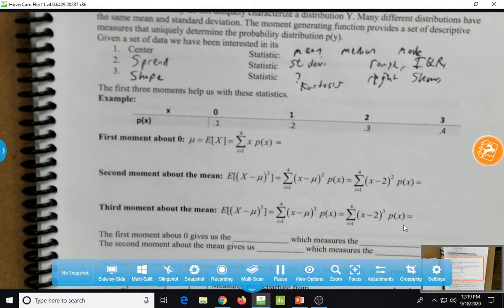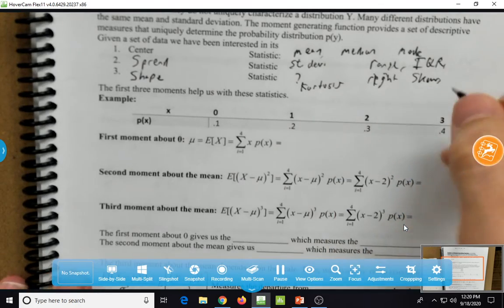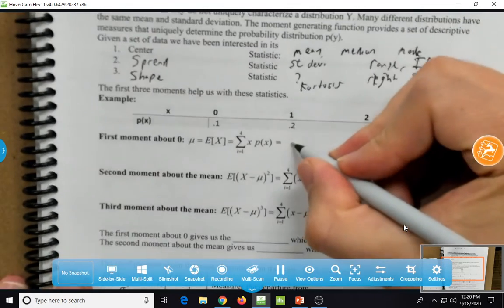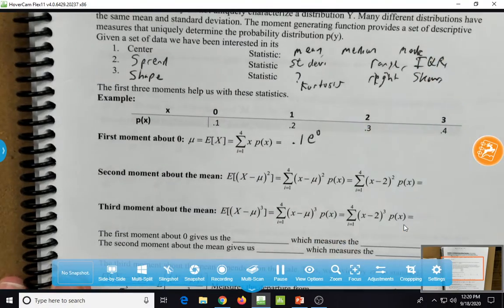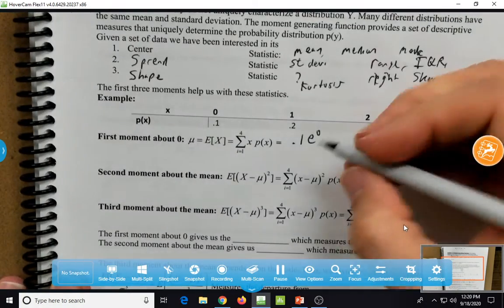So here's the idea: we have x equals 0, 1, 2, 3, and those corresponding probabilities. What I'm going to do is assign each probability to a number. For 0, I'm going to assign 0.1 e to the 0x.